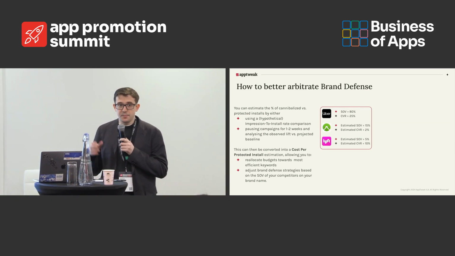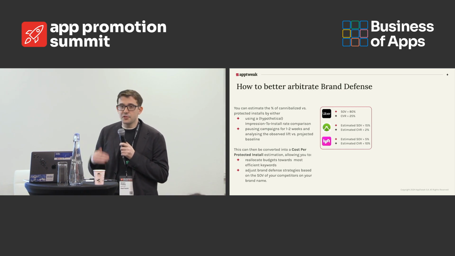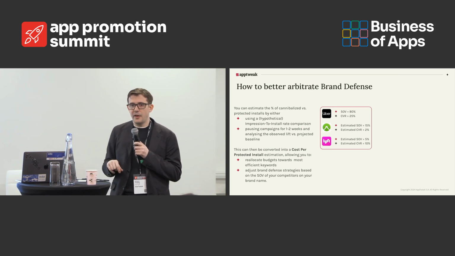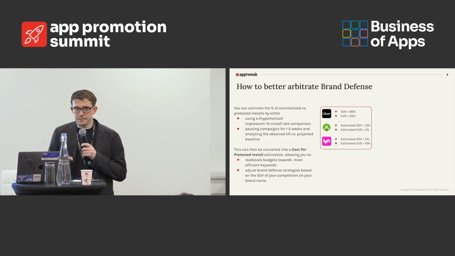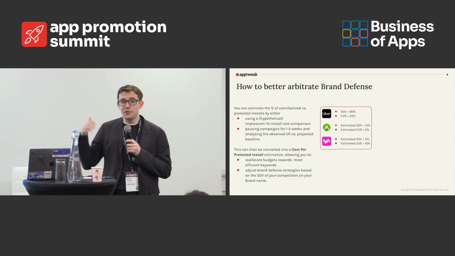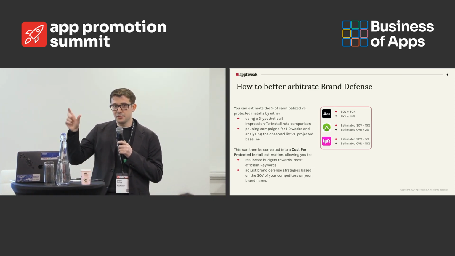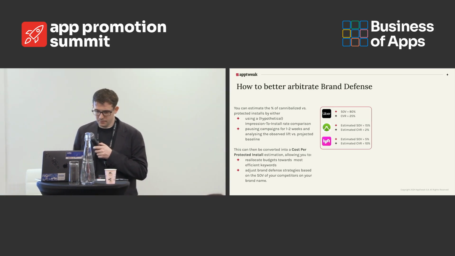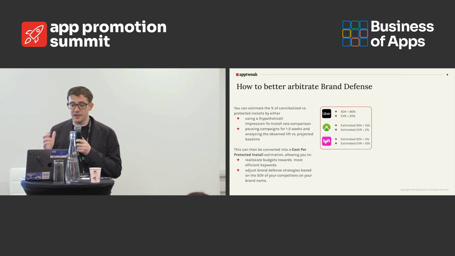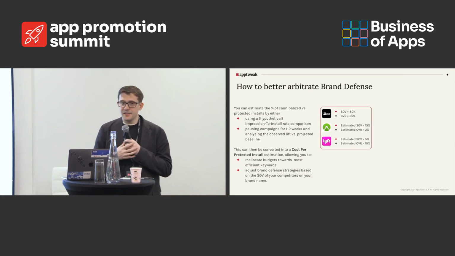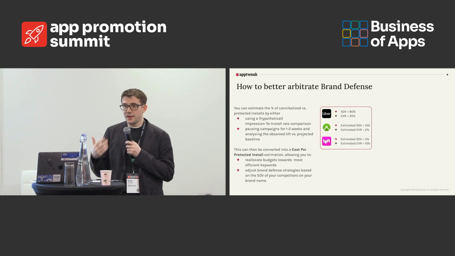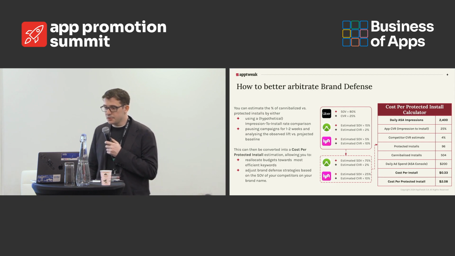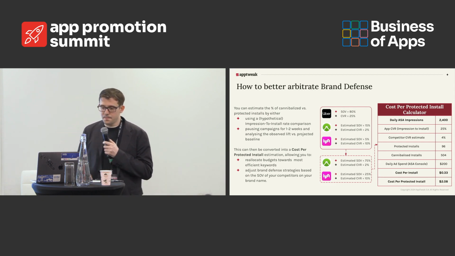Another option would be just pausing campaigns for 1 or 2 weeks to create a baseline and look at the difference between the total search measured by App Store Connect during that time compared to what you would have predicted by taking the total search and removing your daily installs from search ads. In both cases, what we can take from there is this idea of the percentage of cannibalized installs, and with that number, start going to what I call the cost per protected install.